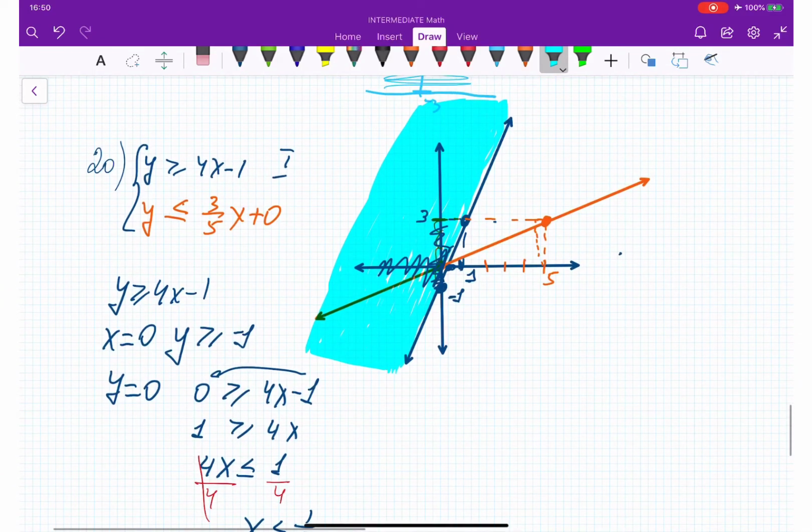Okay, now second one, y is less than or equal to 3 over 5x. So which means when x is equal to 0, y is less than or equal to 0, right? Which is less than or equal to 0, come this way.